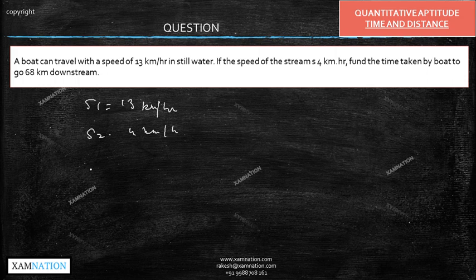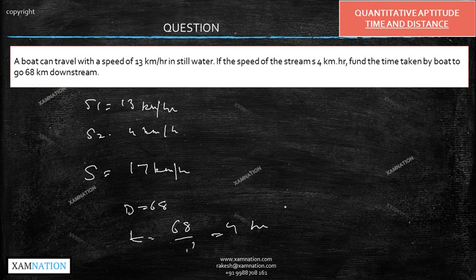So for the relative speed, they are both moving in the same direction, right? Because it is going downstream. So it will become 17 km/h, and the distance given is 68 km. So the time taken is 68 by 17, which is 4 hours.